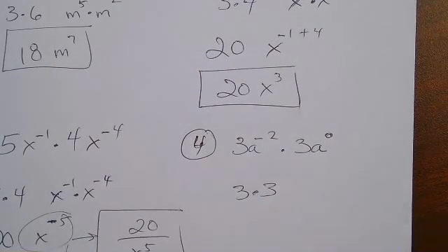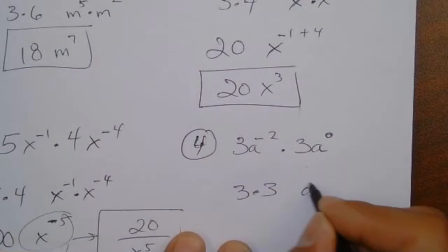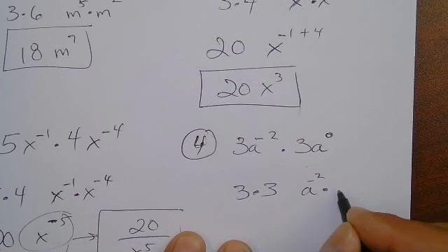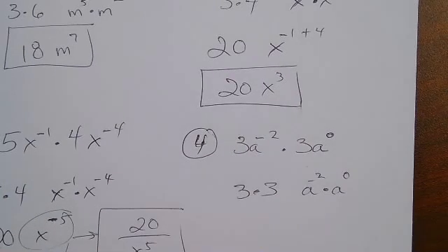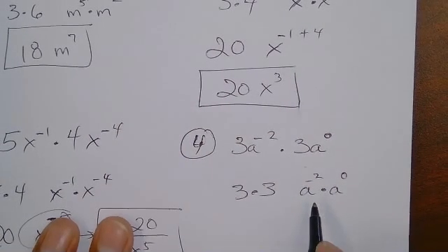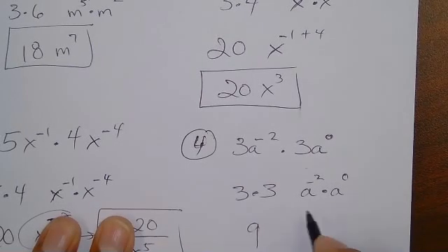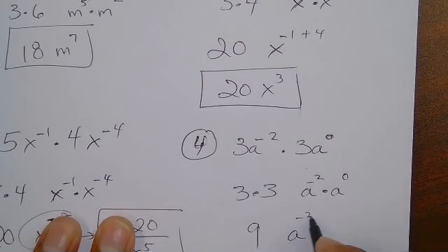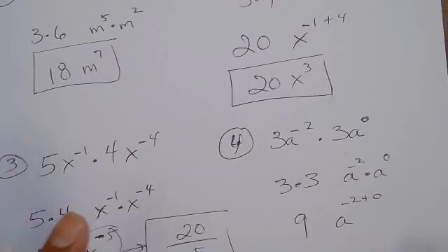Can you guys tell me what's going to happen here? Well, 3 is going to multiply with 3. Let me get those together. And that's why some of you are not seeing it. You need to rewrite it and organize it and put the numbers with the numbers and the variables with the variables. What happens here?